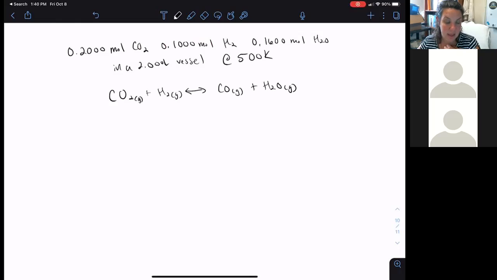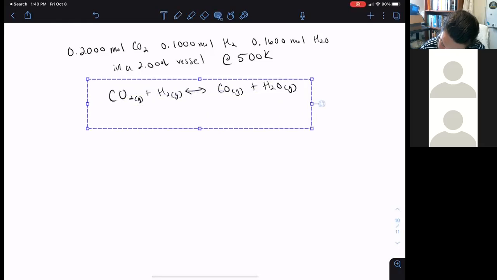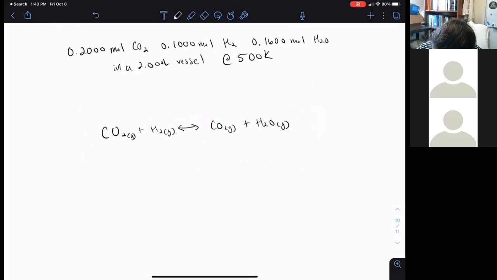And then we have at equilibrium a partial pressure of H2O of 3.51 atmospheres.